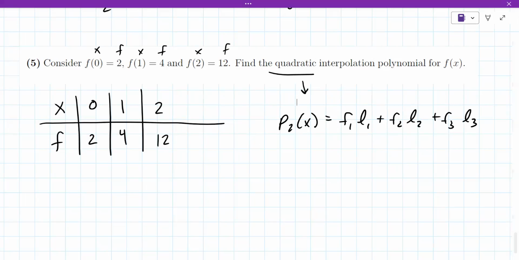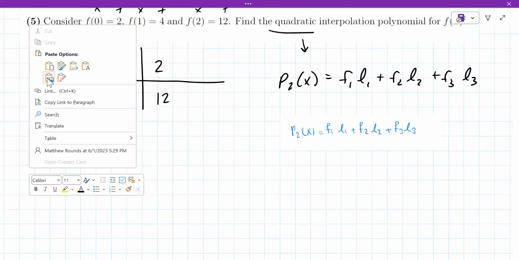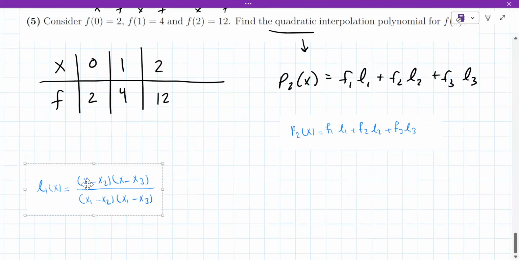You have to know this formula, and that's in the solution there. You have to know that formula, and then you have to know the formula for each of the L's. So there's three formulas. There's one for L1, so we'll start with L1. The formula for L1 is X minus X2, X minus X3.